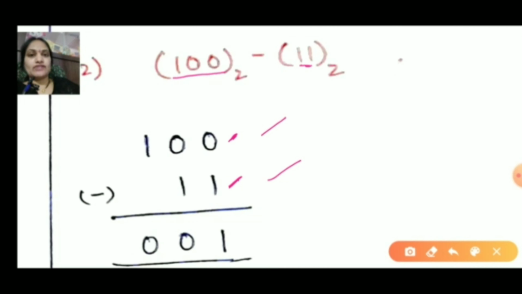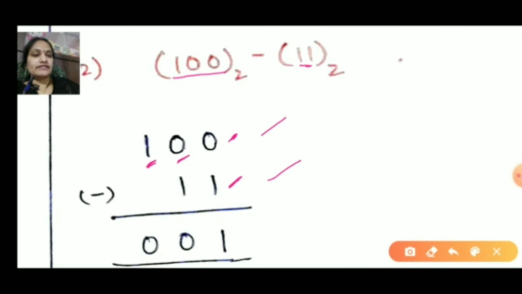Then what you have to do? You have to take borrow. But here 0 is unable to give borrow because it is a 0. How can it give one borrow to other? That's why you come to this number 1. Now this number 1 can give 1 borrow.